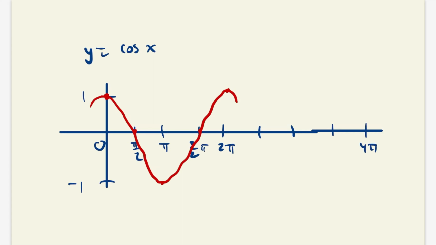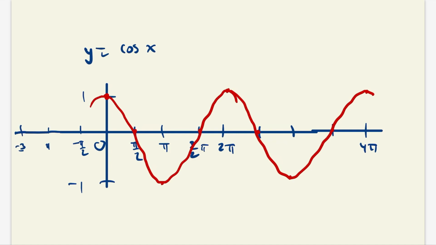Then you would just go back to 0, back to -1, back to 0, back to +1. So literally just copy and paste. And you would do the same thing in this direction. You would extend this out, and then you would go -pi over 2, -pi, -3/2 pi, and so on. And then it goes back to 0, back to -1, back to 0. I'm running out of space, but you guys get the idea. You would just extend it in both directions.